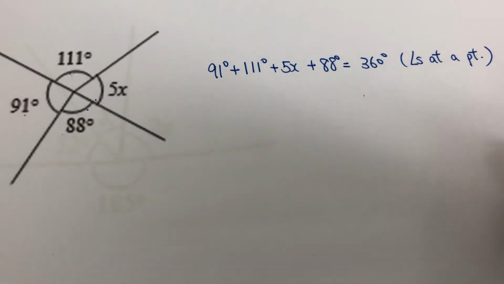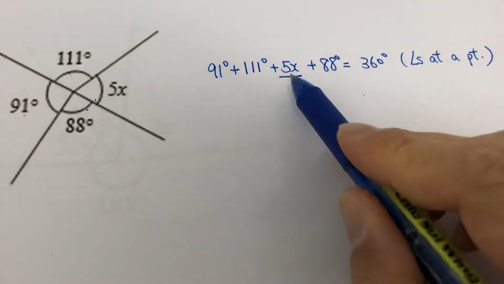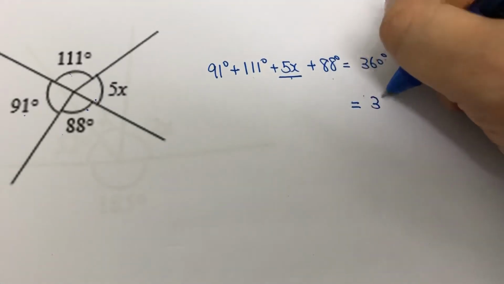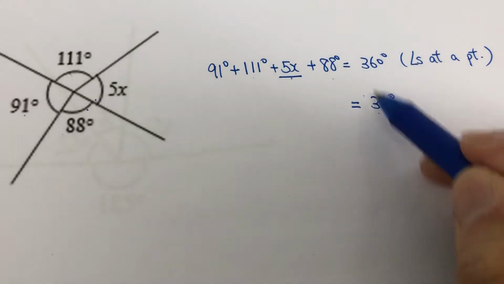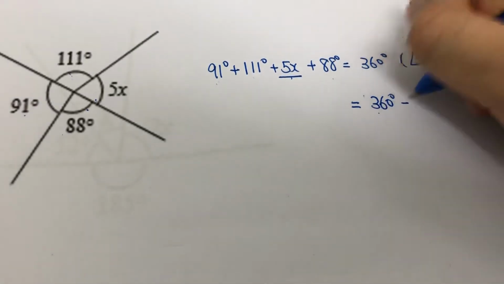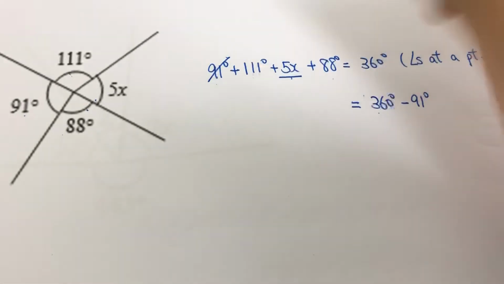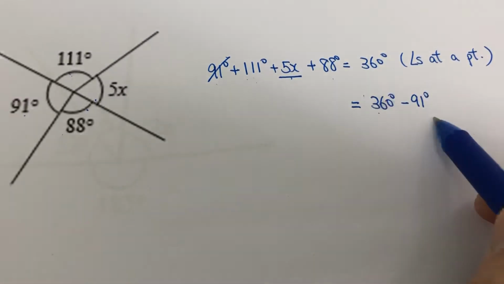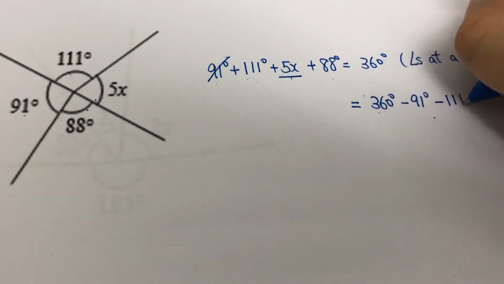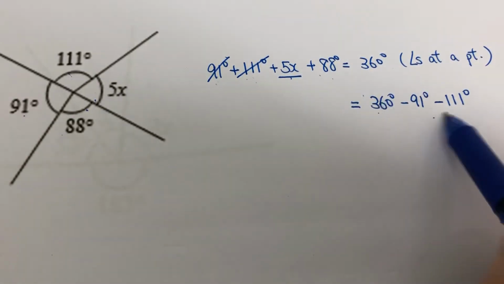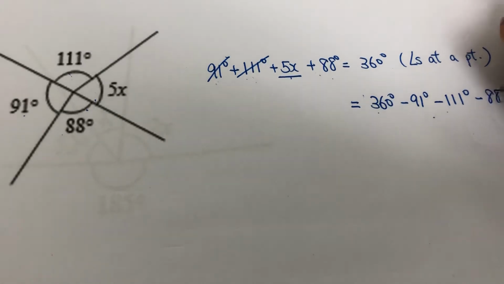Okay? Now, then what's next? We want to know what is x, so we have to keep this part here. The other things, we have to get rid of them. First of all, I would like to copy down 360. So 91 degrees positive, move to here, becomes negative 91 degrees. 111 degrees positive, when you move to here, becomes negative 111 degrees. 88 degrees positive, when you move to the other side, it becomes negative 88 degrees.